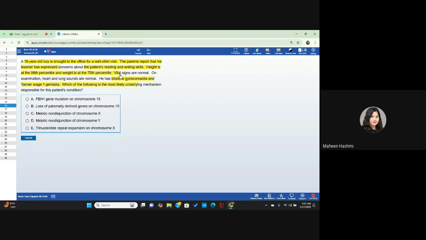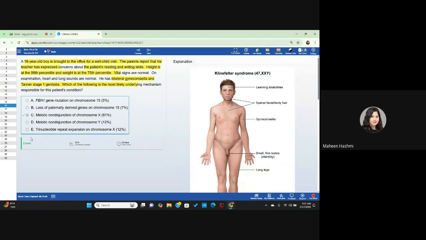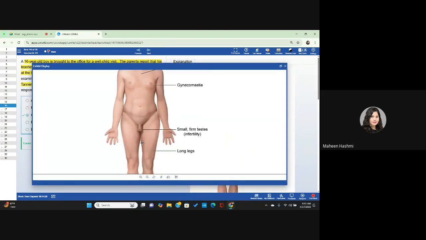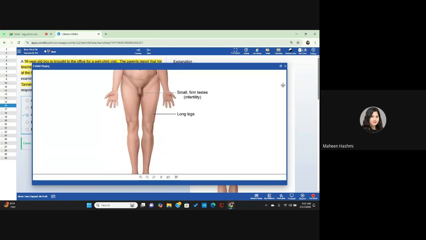Very good. It's due to meiotic non-disjunction of the X chromosome. Again, very easy. Bilateral gynecomastia is really high yield in Klinefelter. Because you're becoming like a woman, you have small firm testes, and that's a sign of infertility as well.